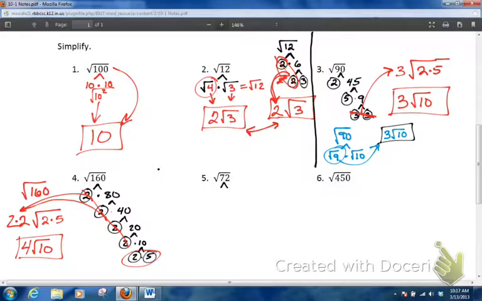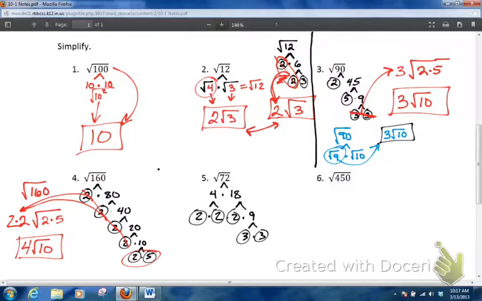Let's see. Let's do something a little bit different with 72. Let's break it down. Let's say it's 4 times 18. 4 then is 2 times 2. 18 is 2 times 9. My 2's get circled. My 9 gets broken down into 3 times 3.